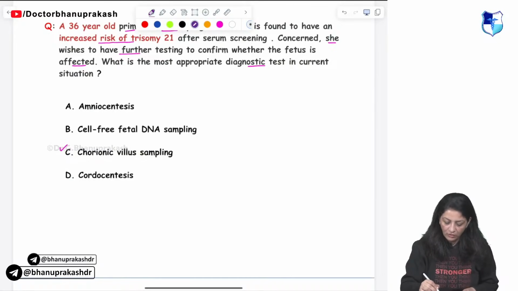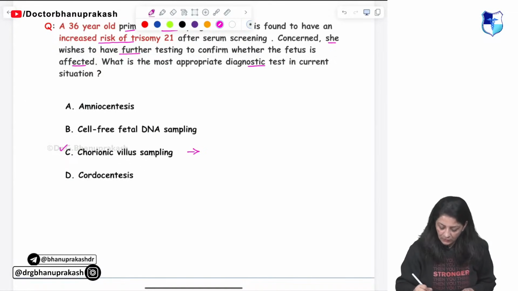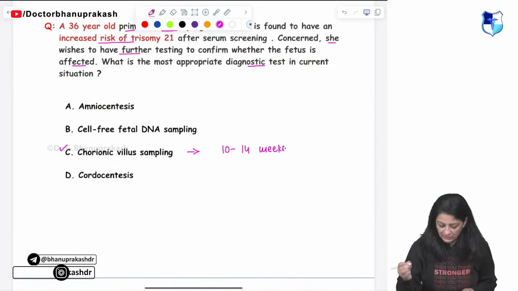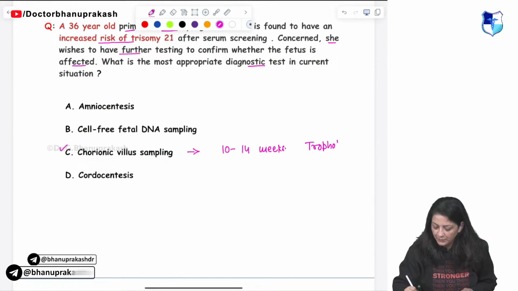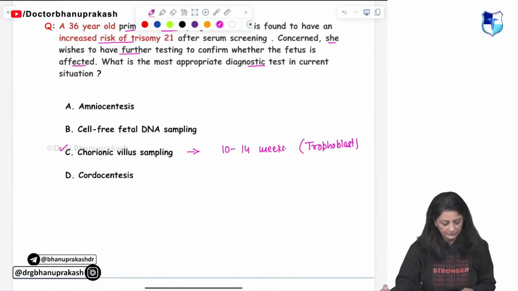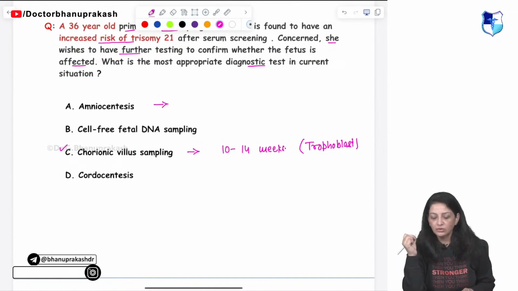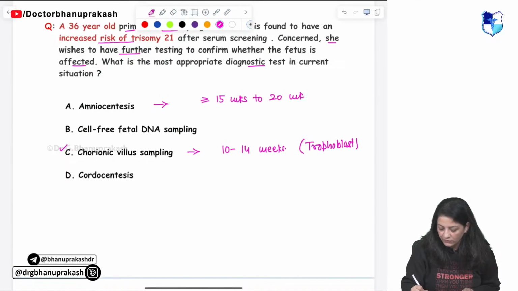What is the time to do chorionic villi sampling? At around 10 to 14 weeks, in the first trimester. The sample is trophoblast, ultrasound guided. Timing for amniocentesis is after 15 weeks to 20 weeks of gestation.